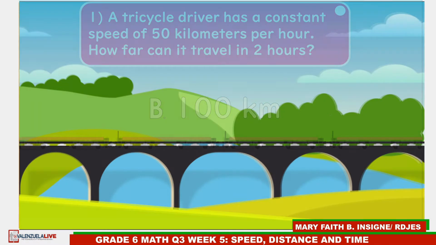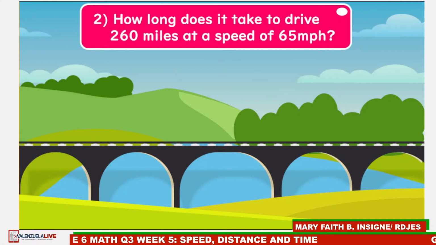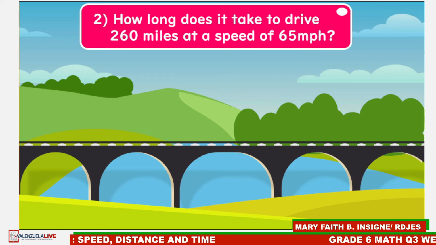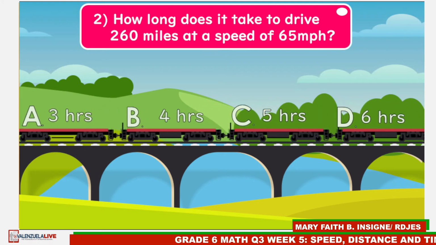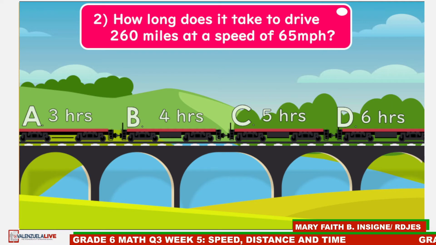Next, second problem. How long does it take to drive 260 miles at a speed of 65 miles per hour? The choices are letter A, 3 hours, letter B, 4 hours, letter C, 5 hours, and letter D, 6 hours.